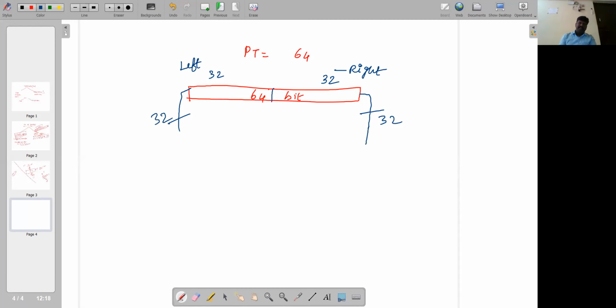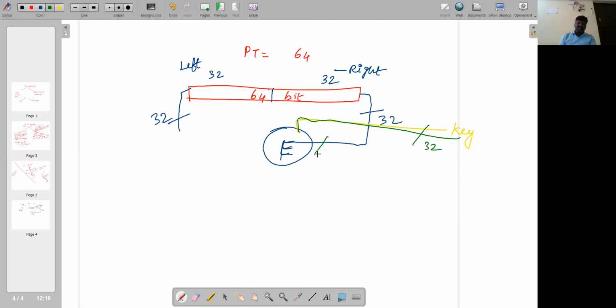Whatever the bits in the right half, I'm going to do some encryption function here, right? To do the encryption, I need a key. Hope this yellow color is visible for you, otherwise I can change the color. The key is also 32 bits. So now what is the input for this encryption function?